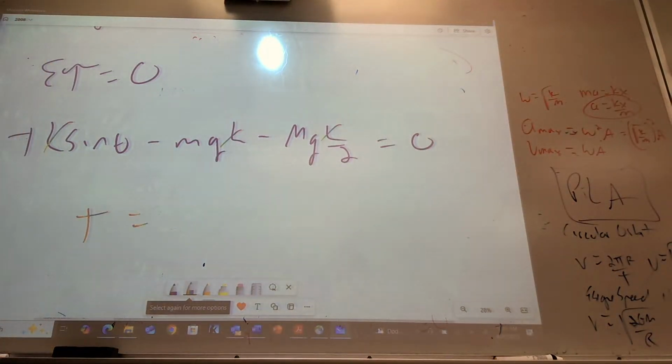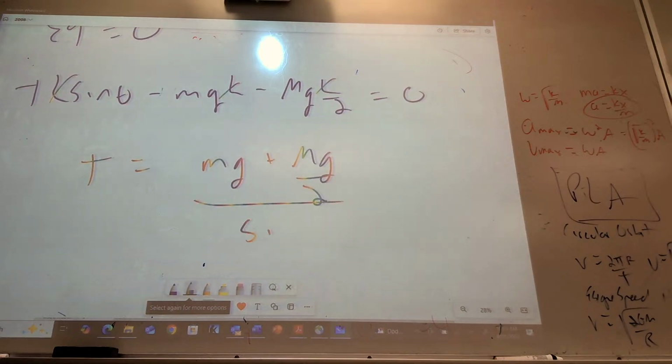So I get T is equal to mg plus mg over 2, that whole thing divided by sine theta. And you have two different masses, right? You have 0.5 and 2. If you put the L in, that would have been fine. It would have just canceled out. If you put 0.6 in, it would have still canceled out in the end, but there would have been nothing wrong with that.